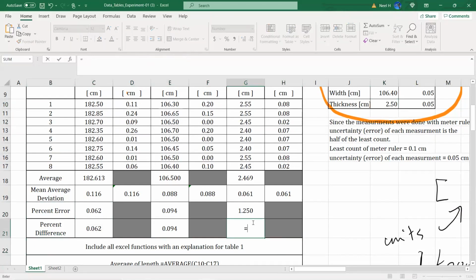Let's do that for the thickness: equal open bracket ABS, open another bracket, thickness expected minus thickness average, close bracket, divide by open double bracket thickness expected plus thickness average, close bracket, divide by 2, close double bracket, multiply by 100.